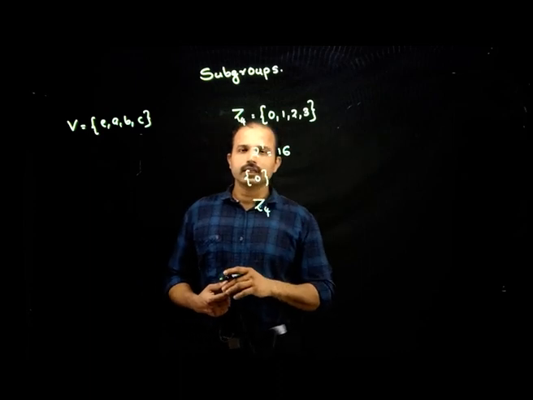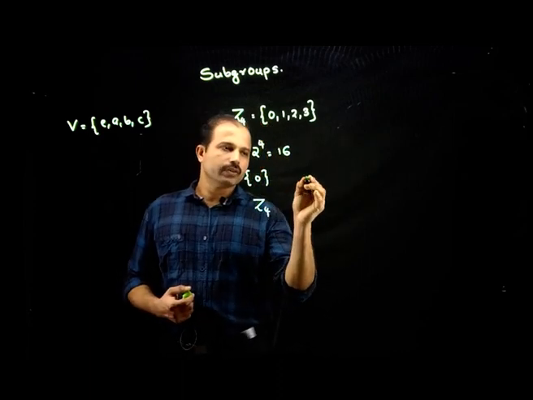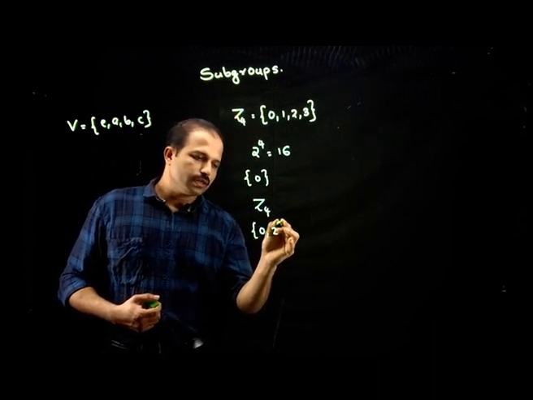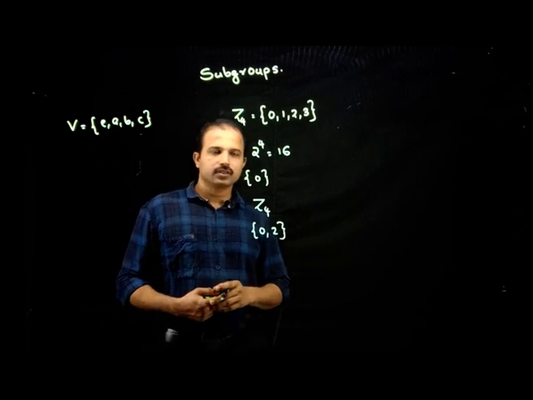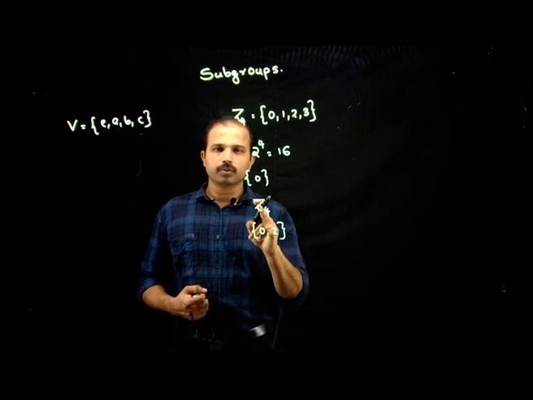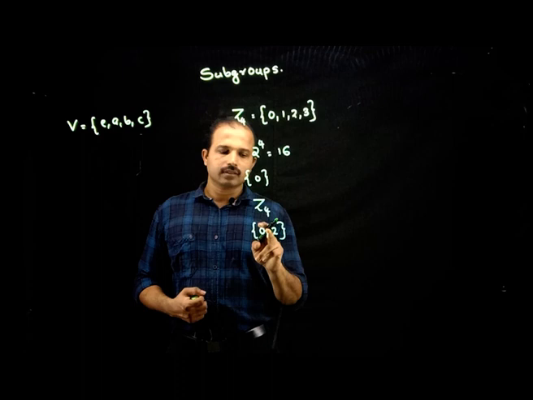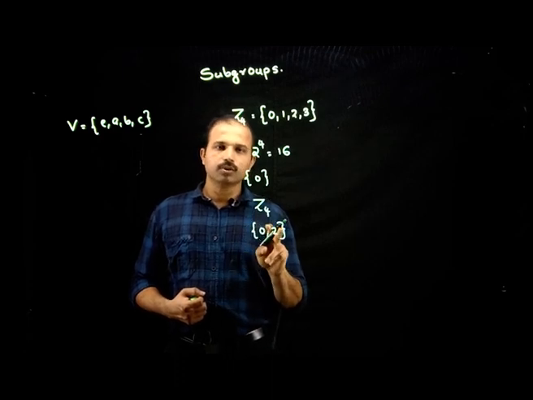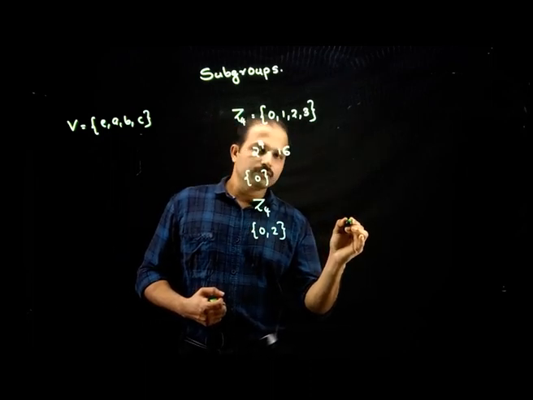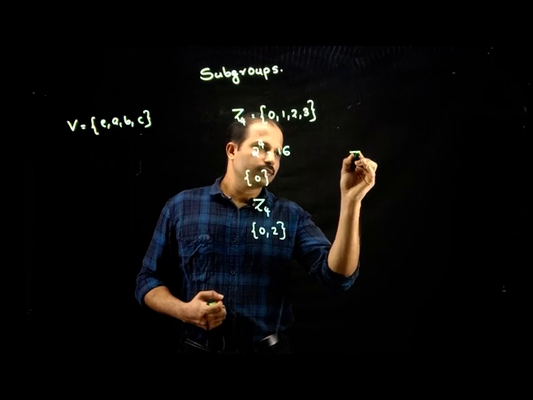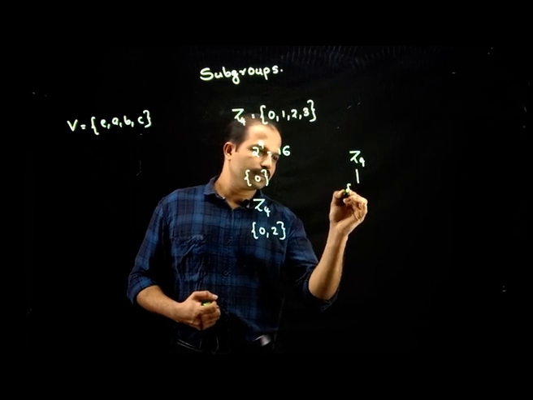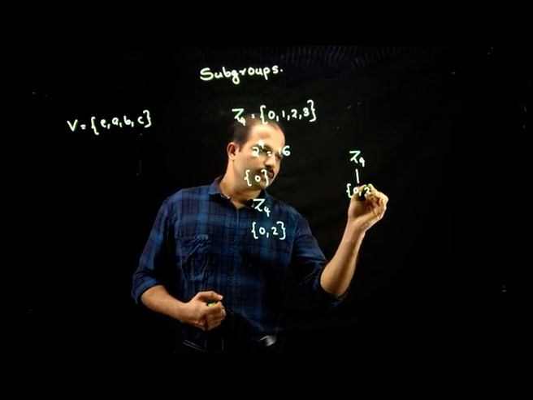And in the remaining 14 subsets, you may verify that only {0, 2} will be a subgroup. So Z4 has only 3 subgroups: the trivial subgroup, the improper subgroup, and the non-trivial proper subgroup {0, 2}. So we may draw the subgroup diagram for Z4. We have Z4 here, and the next is {0, 2}, which is another subgroup.